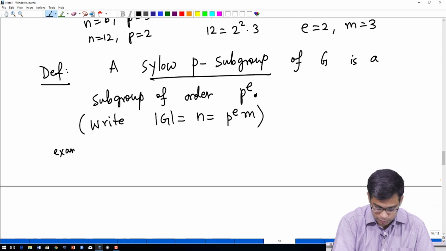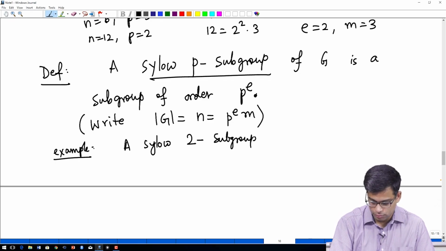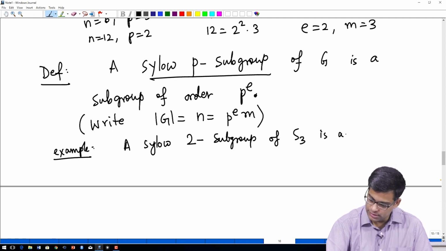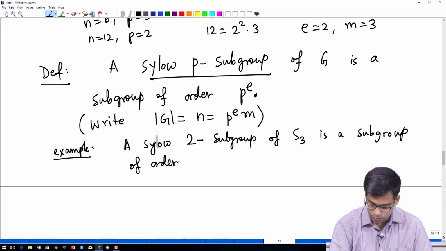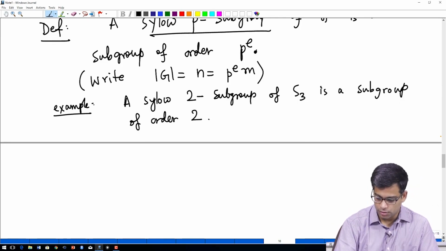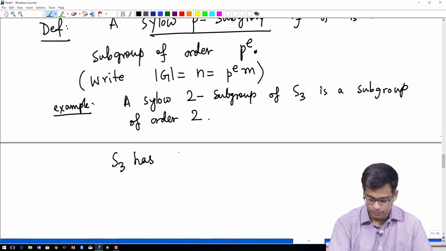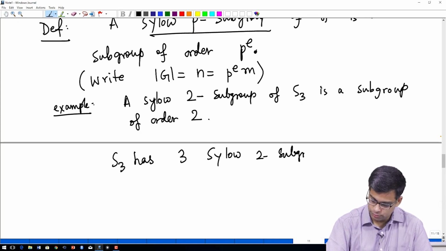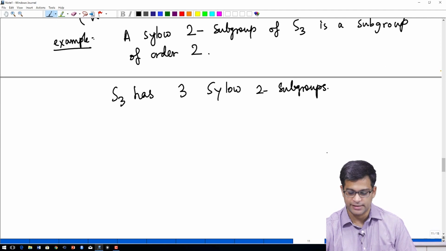So as an example, a Sylow 2 subgroup of S3 is a subgroup of order 2, and if you recall our study of S3 in the previous videos, S3 has 3 Sylow 2 subgroups, because it has 3 elements of order 2, each of them generates a subgroup of order 2.